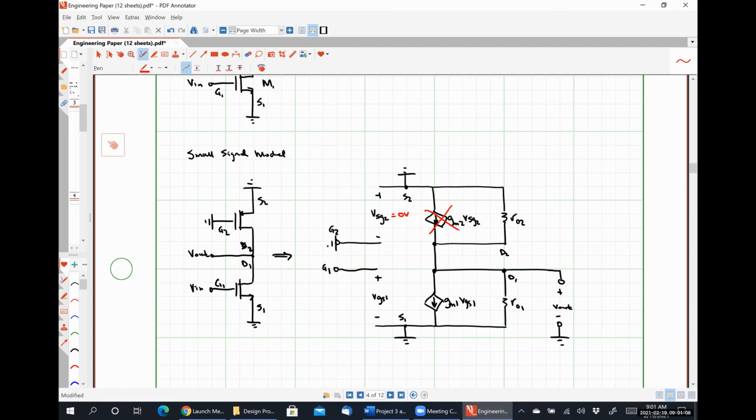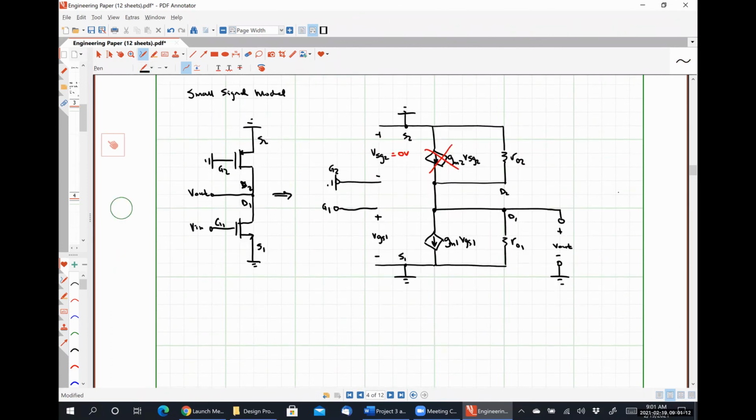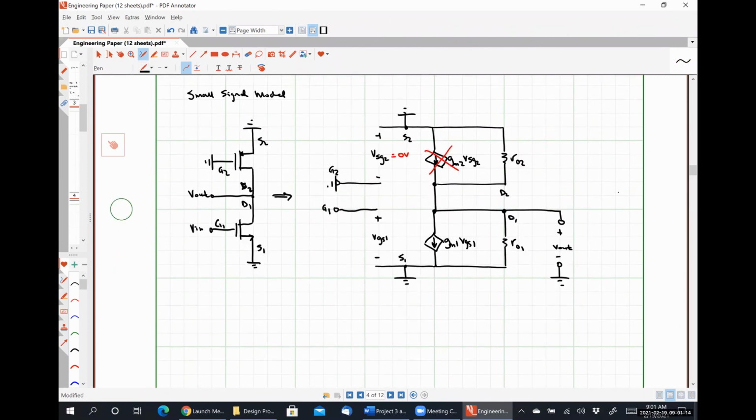All right. So with that in mind, let's determine our input impedance. Anybody have any ideas what that might be? Oh, and I never drew my input voltage. So make it in right here.